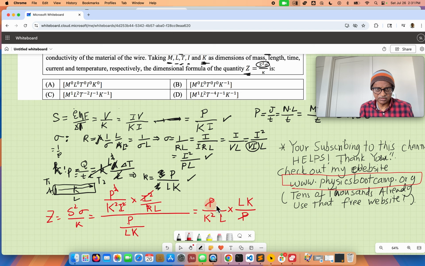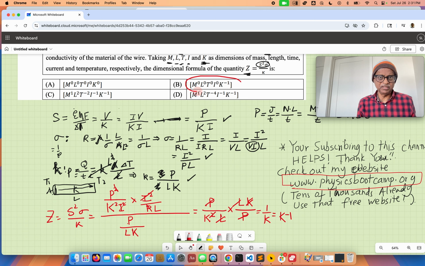This, wow, everything got cancelled out, so it's like 1 over K, that's the unit. So K to the power minus 1. Looking over here, this is everything else, no units. That's going to be B will be the correct answer.